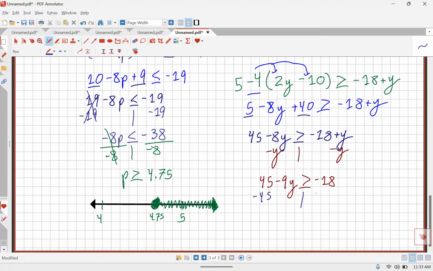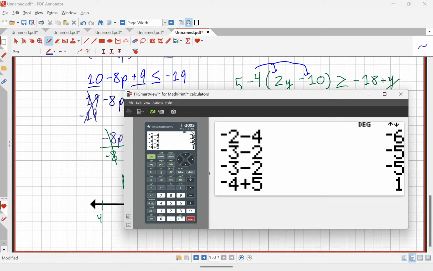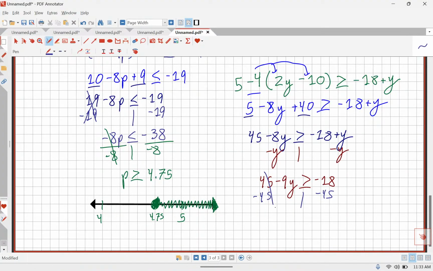You take 45 away from both sides. Negative 18 minus 45 is negative 63. Negative 9y is greater than or equal to negative 63. Divide both sides by negative 9, and you should get y is less than or equal to positive 7.